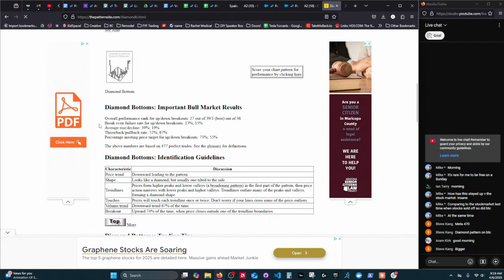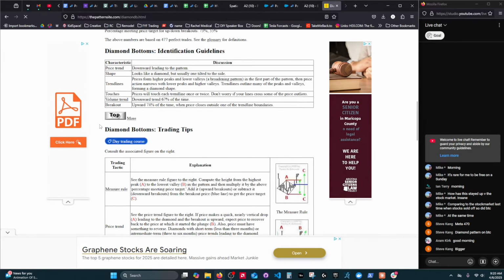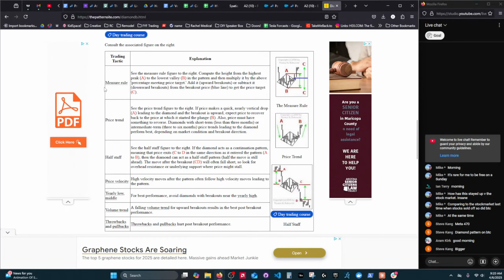I'm just trying to speed read here. Looks like a diamond, usually one tilted to the side. Yeah, so fairly symmetrical. I mean, nothing's going to be perfect.